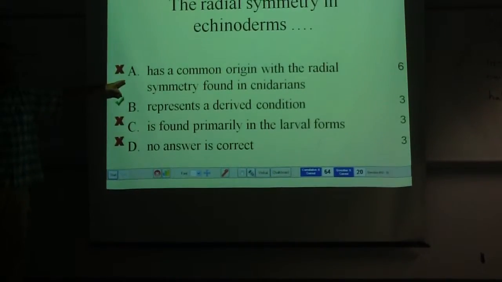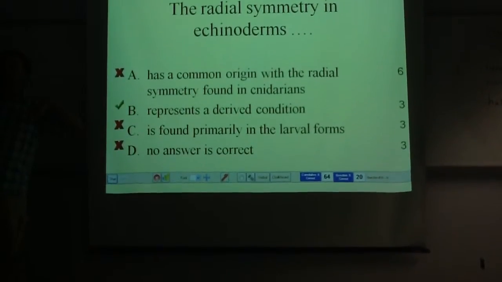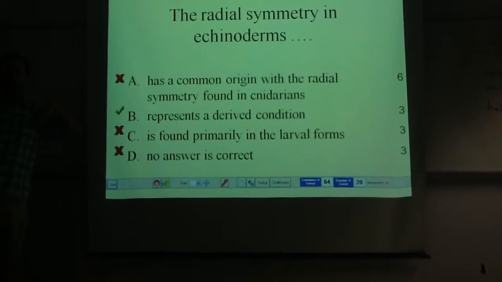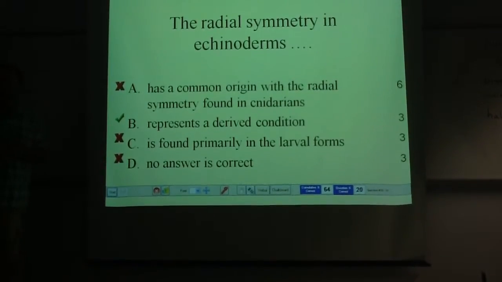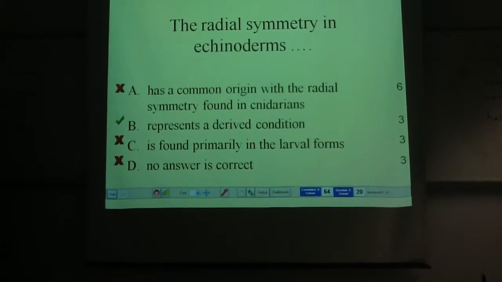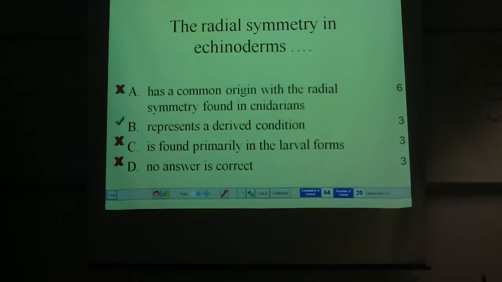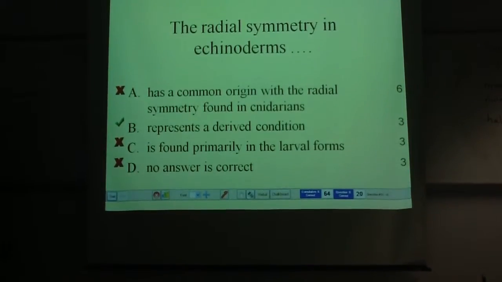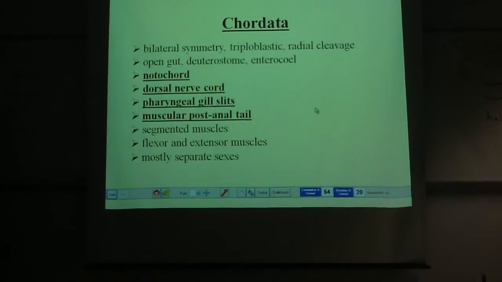Very unlikely that that could have a common origin with the radial symmetry that you see in cnidarians, that are extremely distantly related, completely outside of the bilaterians. The most likely scenario is that it represents a derived condition just for echinoderms. So do the 12 of you that just missed that, do you know why now? It has nothing to do with radial symmetry in cnidarians.